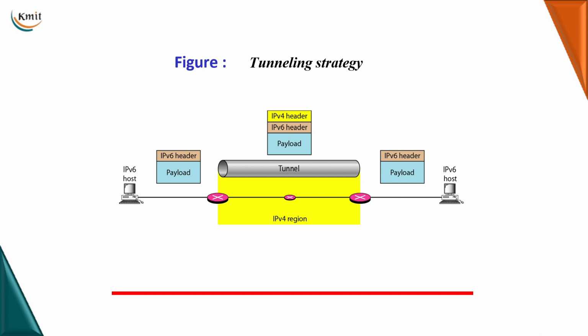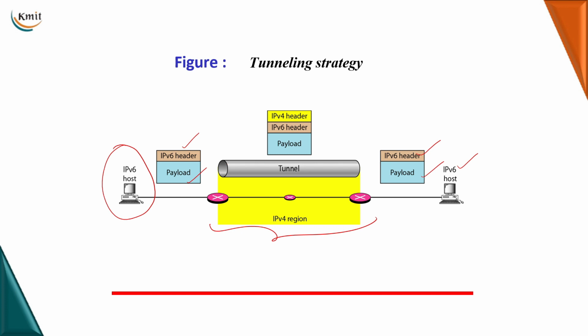You can see the IPv6 host here has a datagram with an IPv6 header and payload. But this is an IPv4 region, and it has to go through the IPv4 region. So it makes use of a tunnel.